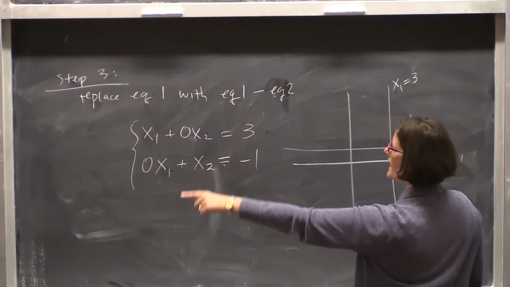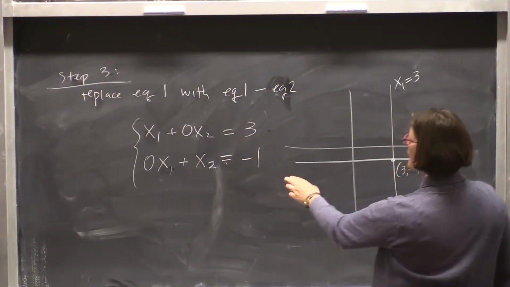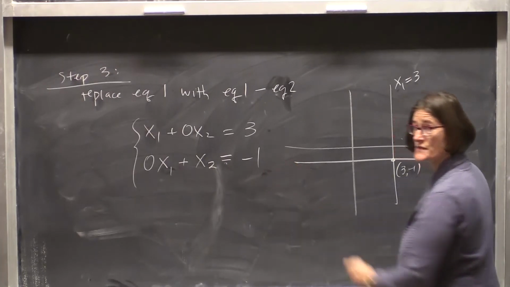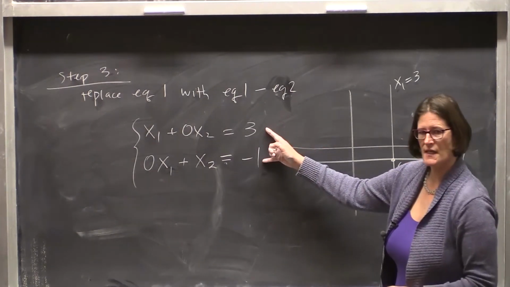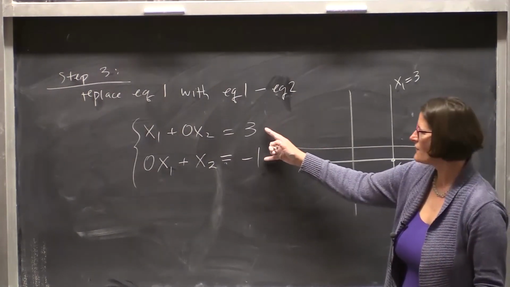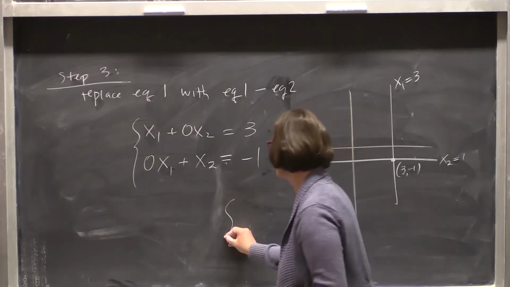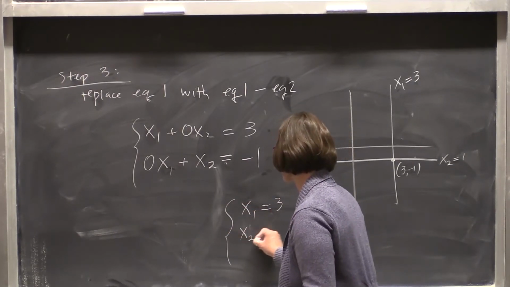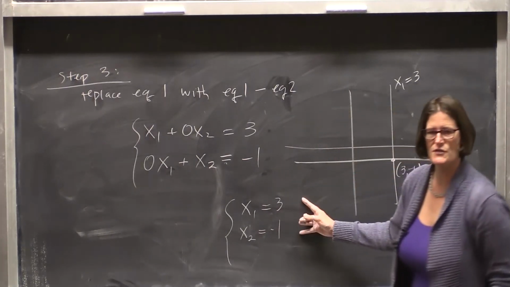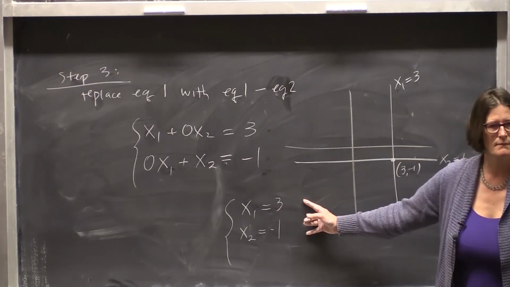I followed an algorithm. And I ended up with a new system which had the same solutions as the old system. But this one, it's just staring you in the face. If I gave you this system and I said, please find all solutions of this linear system.